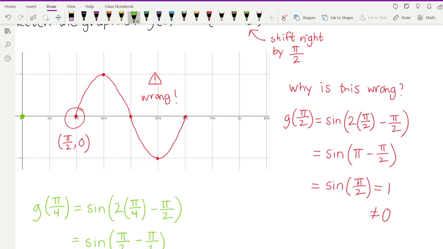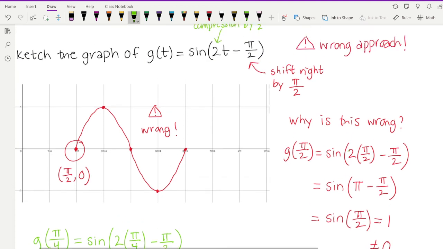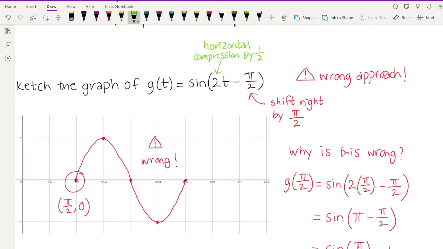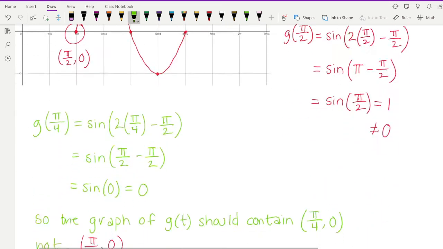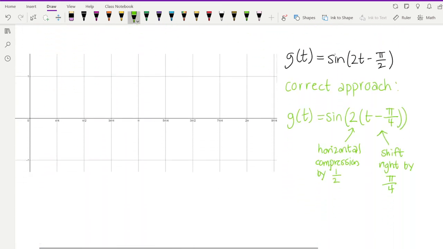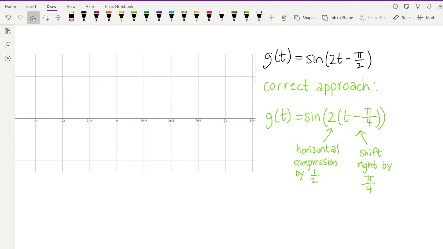The starting point of a sine function is 0, 0. In order to figure out where that point ends up, you want to be taking sine of 0. And so because you're multiplying t by 2, in order to get 0, you have to factor the 2 out from both of them. Hopefully that makes sense. If it doesn't, you can just memorize the fact that you have to factor that number out.